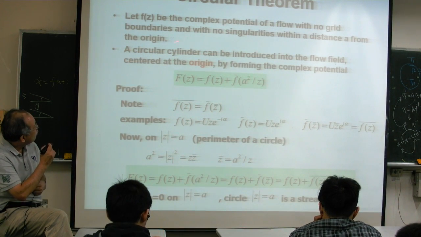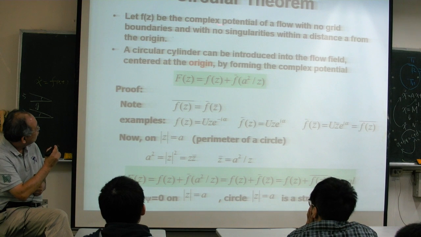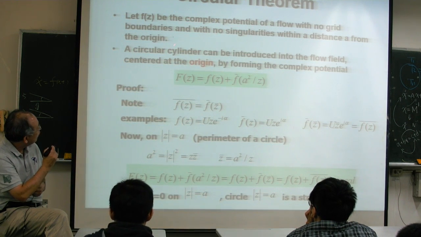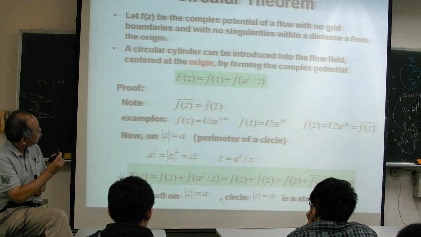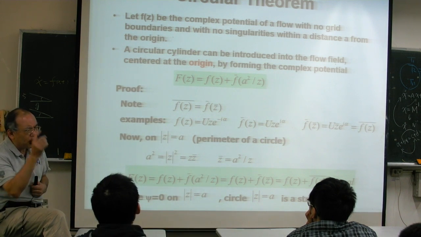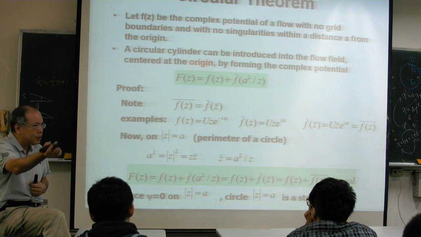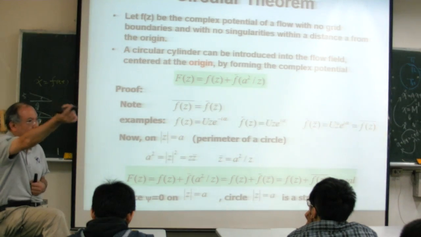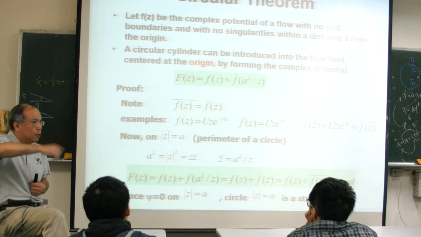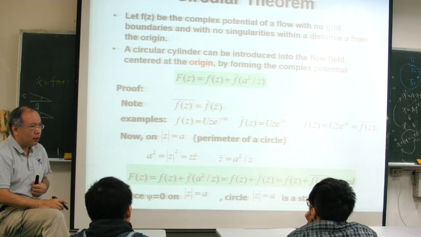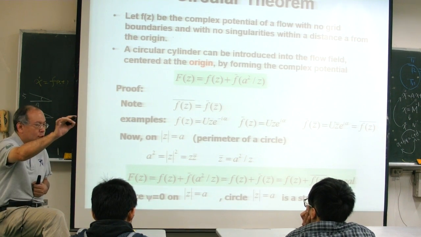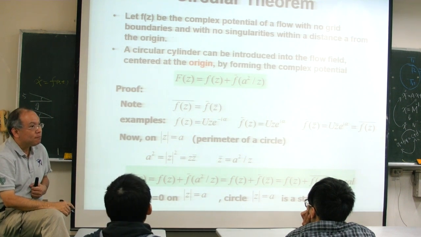If you want to introduce a circular cylinder inside this flow field, starting from this simple flow, like a source or sink or uniform flow, which I will cover later, what should we do?